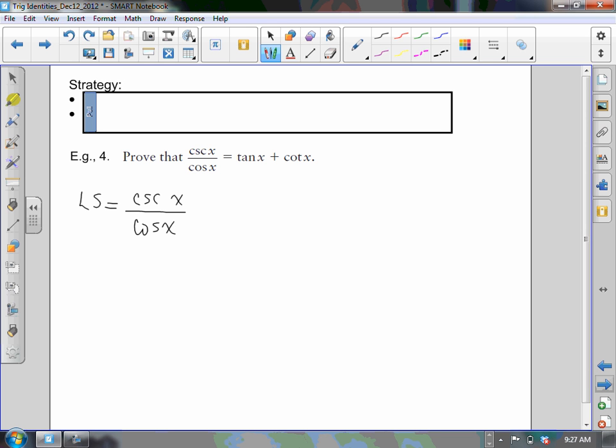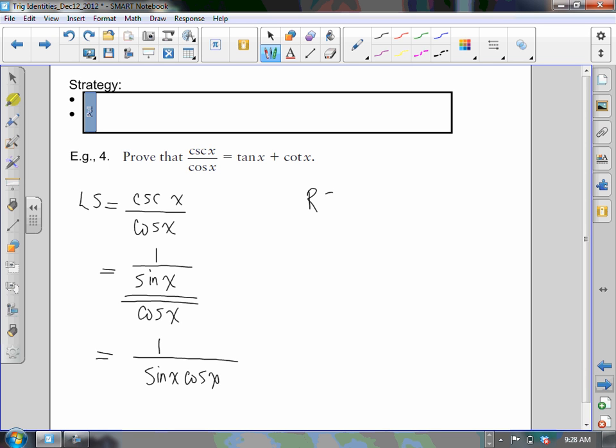Given cosecant x, do recall that it is equal to the reciprocal of sine. So we'd have 1 over sine x divided by, I'm going to go with a double bar to indicate a compound fraction, over cos x. So if we put that all together, multiplying by the reciprocal of cos x, we'd have 1 over sine x cos x.